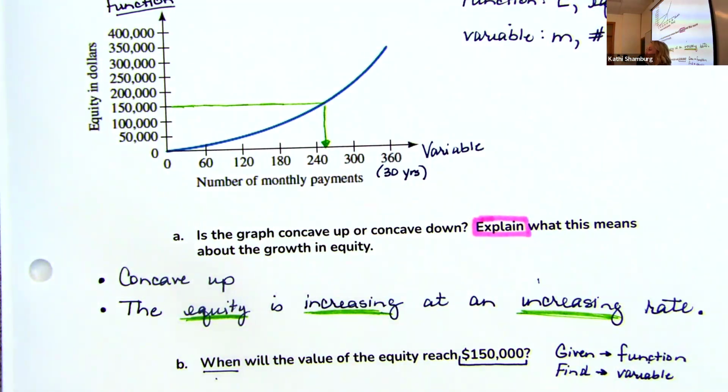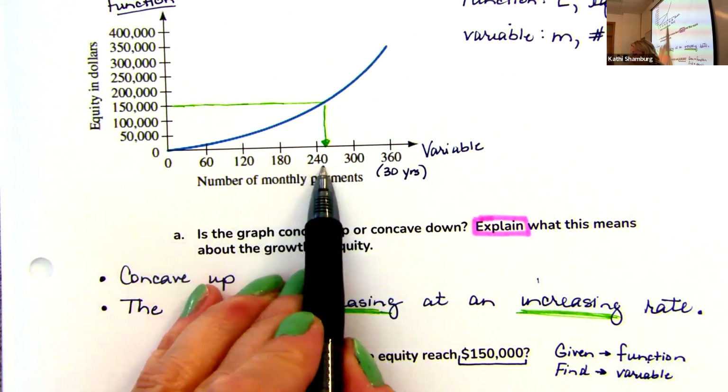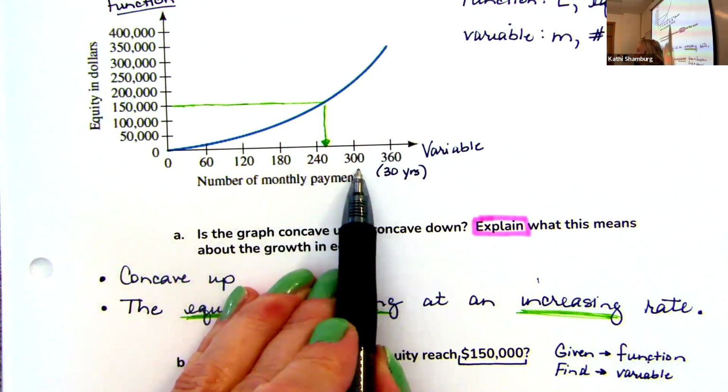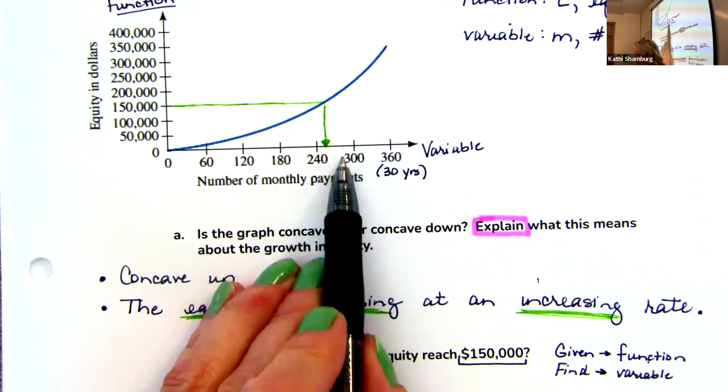And so just know on an approximation type question, I'll have some flexibility on what the answer could be. I know it's more than 240 monthly payments, but less than 300. It's not even halfway.